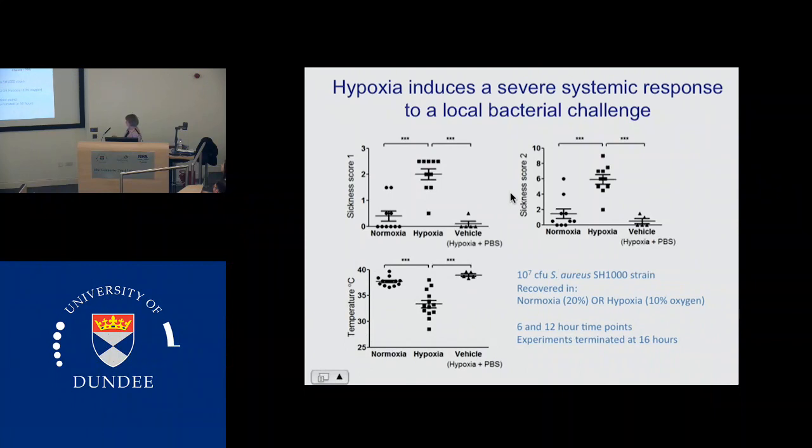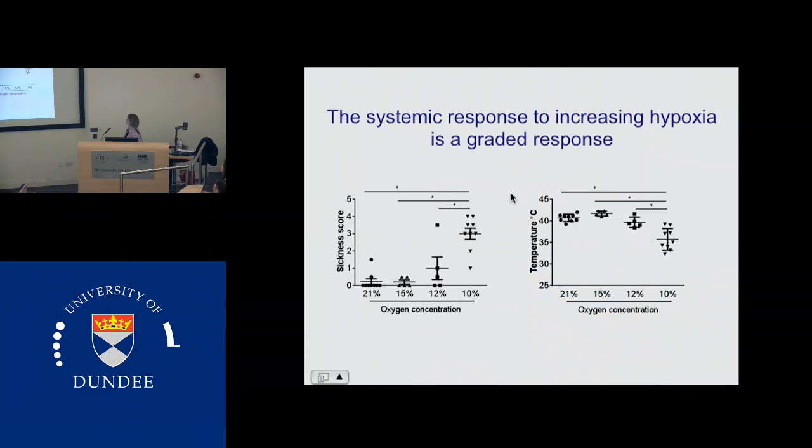What we found is that the hypoxic mice became profoundly ill. We measure this by sickness score and by hypothermia. You can see the hypoxic mice become profoundly hypothermic. And then we had to terminate our experiments because the mice were very unwell. So we were changing what was a relatively trivial infection into a profound systemic illness.